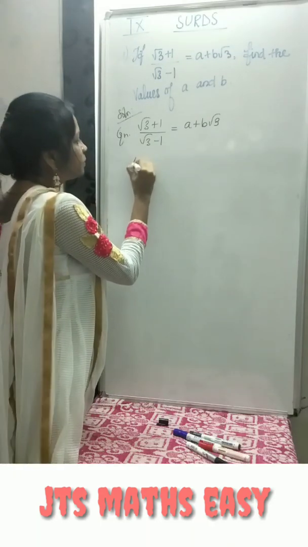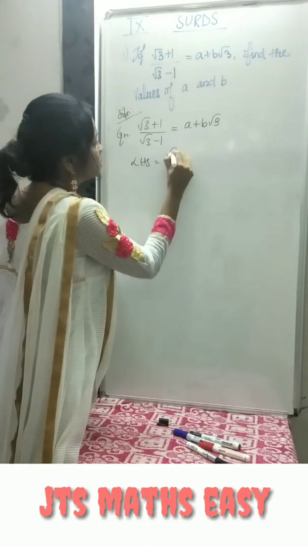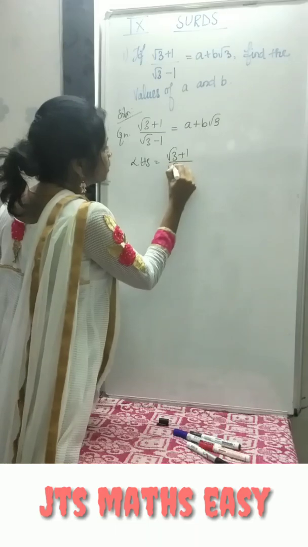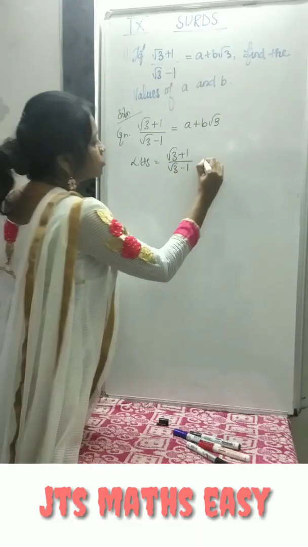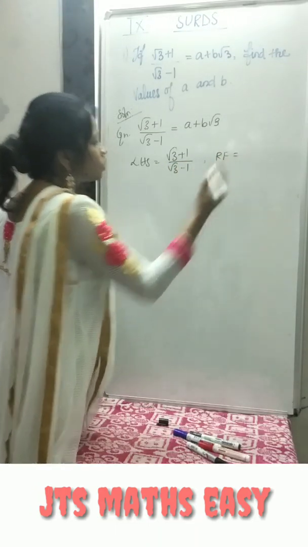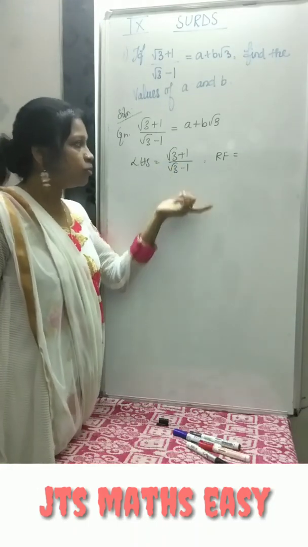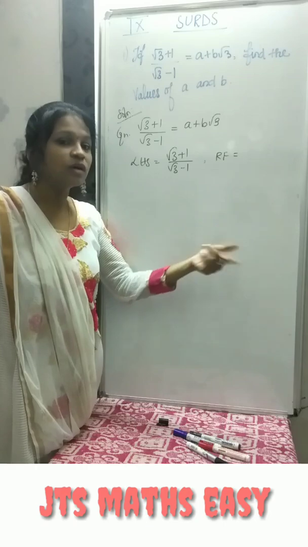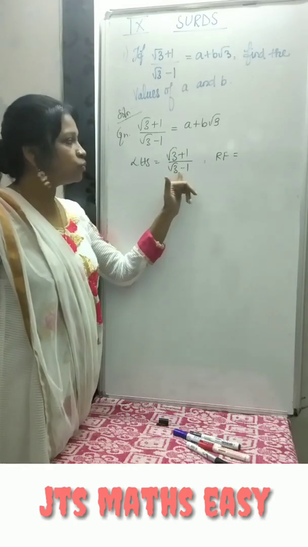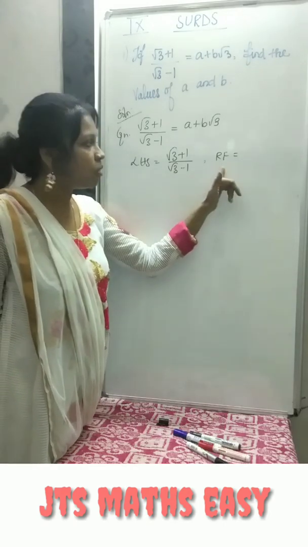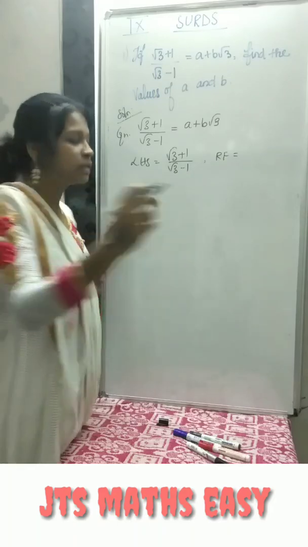Okay. So first I am considering my LHS. LHS is nothing but root 3 plus 1 divided by root 3 minus 1. So what is the RF I want to choose for this problem? Look at the denominator. I told you that whatever the denominator is, you have to choose the opposite sign. So here it's root 3 minus 1, which means the RF you have to consider is root 3 plus 1.